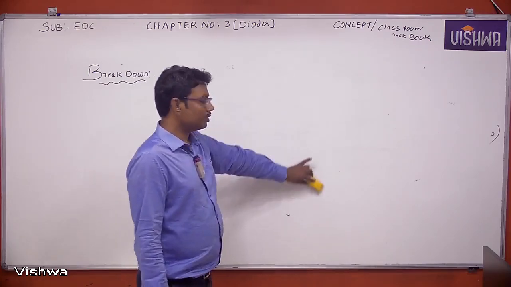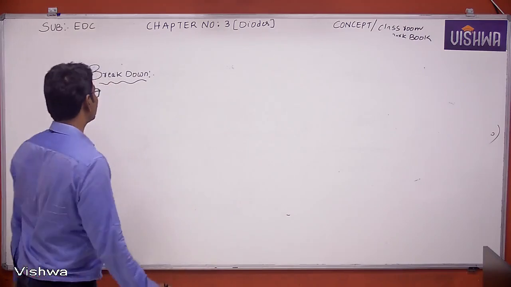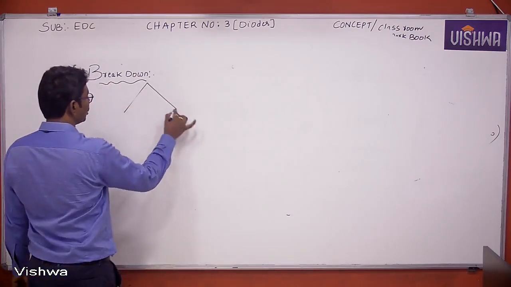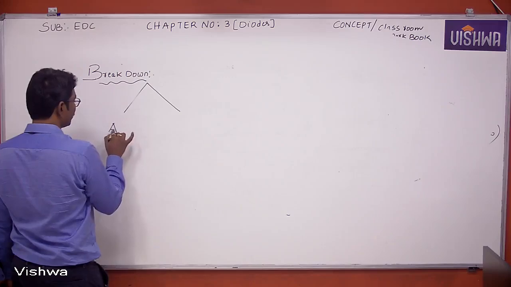Next point. In case of a PN junction, the breakdown can happen in two ways.